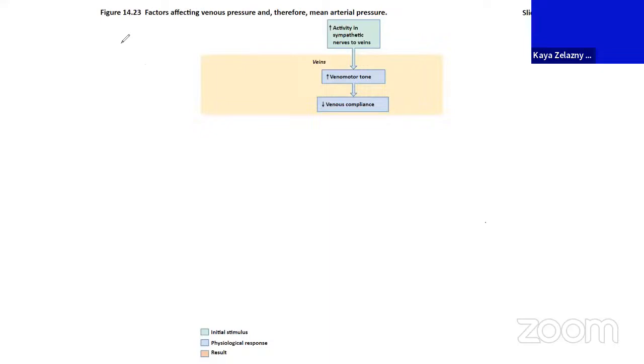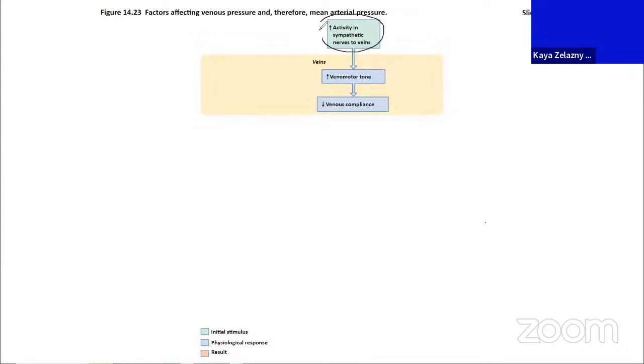Okay, so what we're tracing through here, say we start with your sympathetic nervous system getting really active, right? So you're really stressed out, you're getting ready for fight or flight, right? Your sympathetic nervous system is really active, making lots of norepinephrine. That norepinephrine is going to bind to alpha receptors in those veins, so that smooth muscle, right? When it does that, they tense up a little bit more.